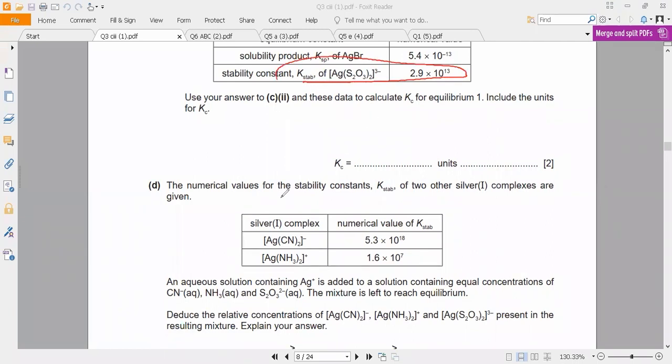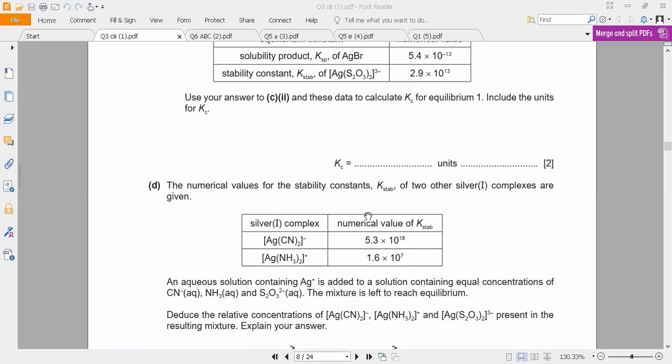An aqueous solution containing Ag+ is added to a solution containing equal concentrations of CN-, NH3 and S2O3 2-. The mixture is left to reach equilibrium. Deduce the relative concentration of this one and this one present in the resulting mixture.